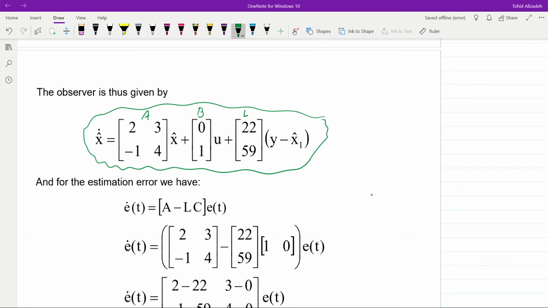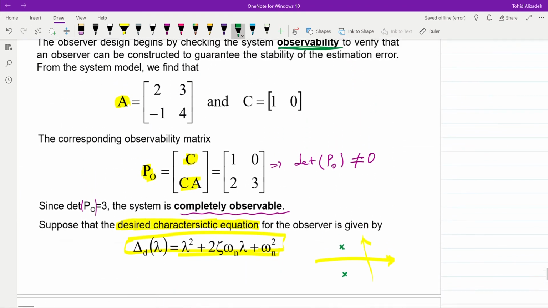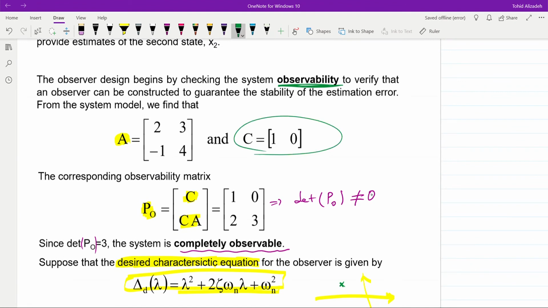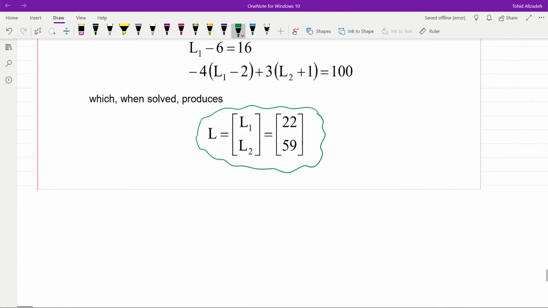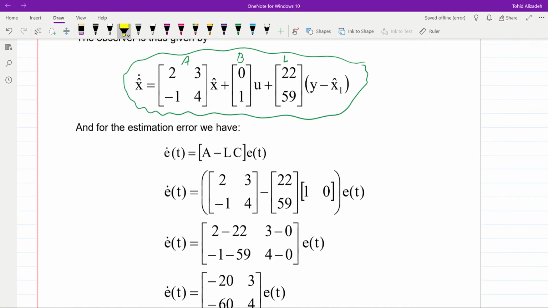And C x hat will be equal to x1 hat, because we know that for C we have 1 and 0. So C times x hat will be equal to 1, 0 times x1 hat, x2 hat, and this will be equal to x1 hat. So that's why here we have x1 hat.